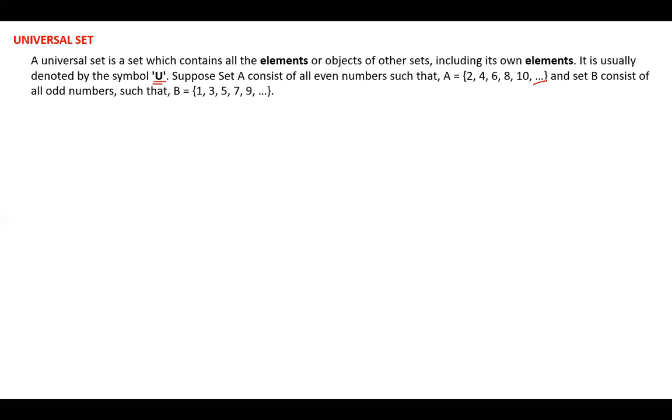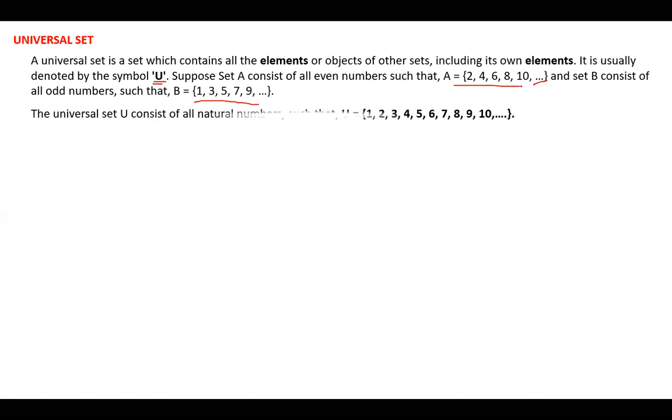So for us to find the universal set, we just need to combine this set and this set. Then we are done. How is it going to look? It looks like this. So this is our universal set. Let us proceed.